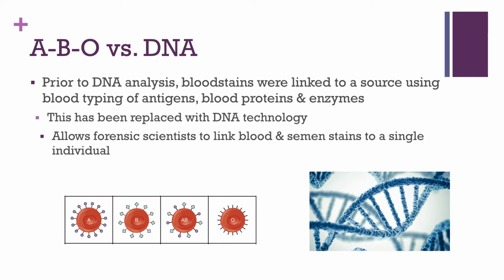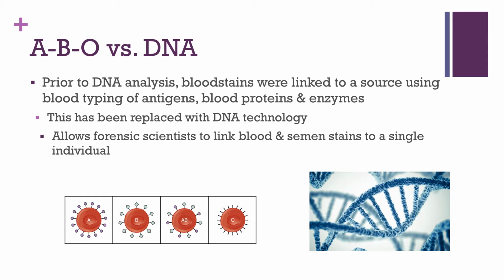This, however, has been replaced with modern DNA technology. They still will do the ABO, but they're not using it to link it necessarily specifically because it's not quite as accurate. But the DNA technology allows forensic scientists to link blood and semen stains to a single individual down to the pinpoint.